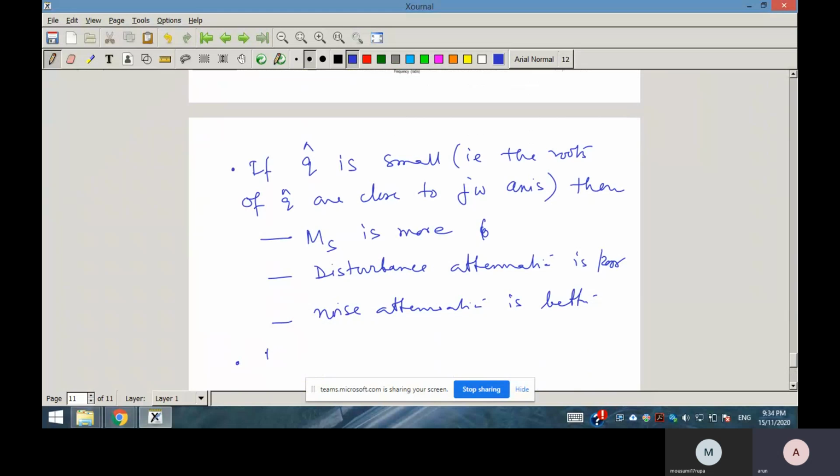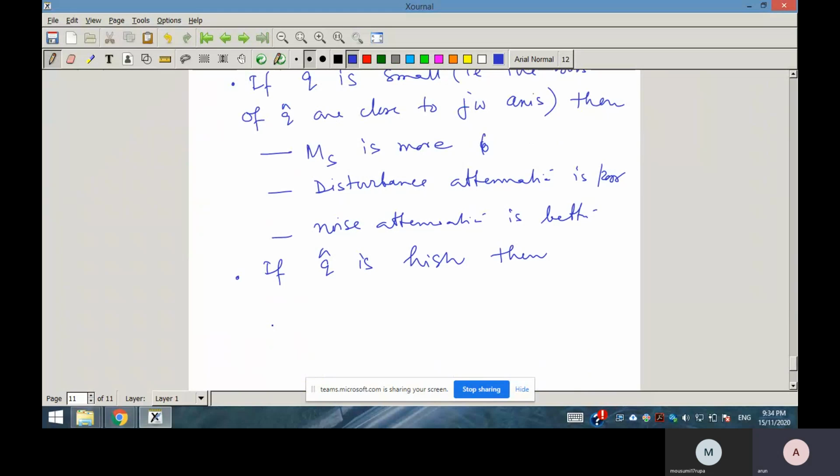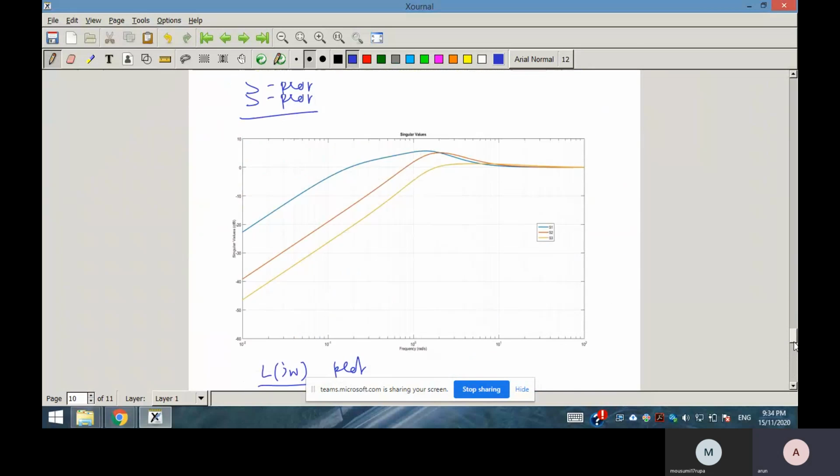So now if Q hat is high, meaning the roots of Q hat are away from the imaginary axis, then what is the observation? The observation is, you can see MS is less, that you can see from the figure.